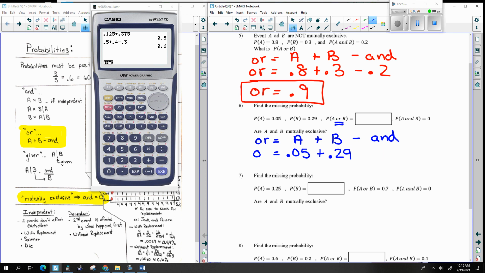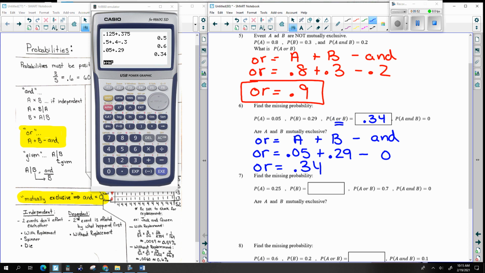We don't have the or, so that will stay the word or, and and is equal to 0. So or in this situation, the missing piece is 0.05 plus 0.29, and that should be 0.34. That is the missing piece. 0.34 is the or.